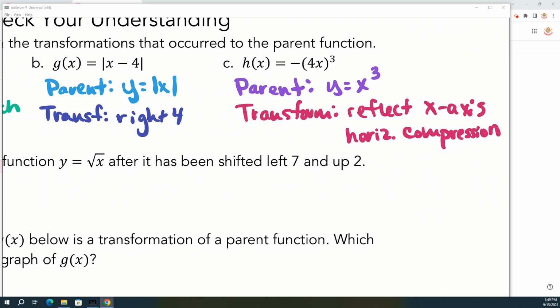All right, so did you guys get reflect on the x-axis and a horizontal compression? Compression or shrink, however you want to word it. But since you're multiplying by a big number, it's going to shrink it on the inside because the inside's a liar.